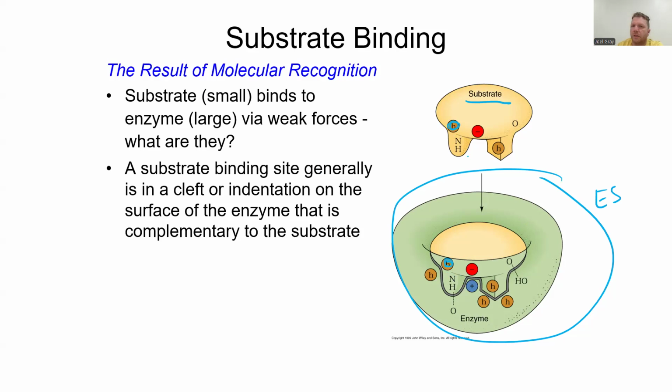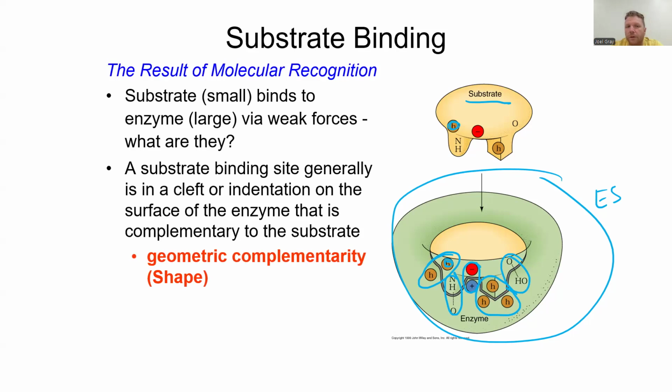These hydrophobic regions on our substrate complement hydrophobic regions of our enzyme. Now this right here, NH to O, that would be where a hydrogen bond can be established. Plus and minus is where we're going to have an ionic or electrostatic interaction, some more hydrophobic interactions, and then hydrogen bonds. So these are all our non-covalent interactions.